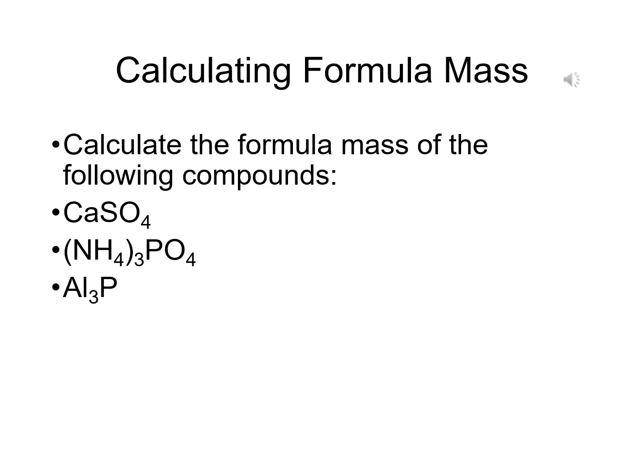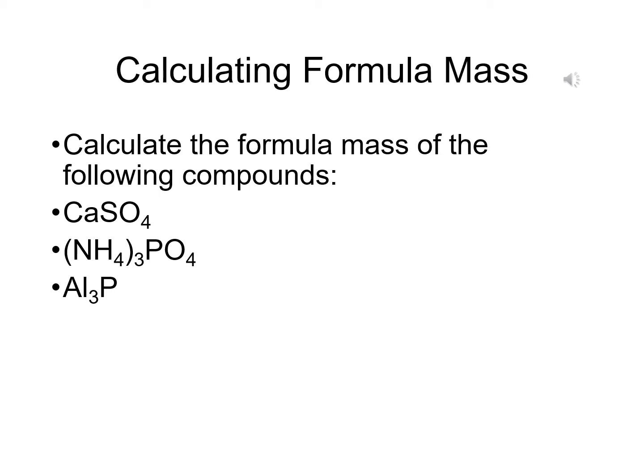Now we're going to take a look at practicing calculating formula mass. So remember that formula mass is expressed in units of AMUs, and we look at the average atomic mass on the periodic table, and we add that up for each element in a compound. Now, if the element is present in more than one atom, we have to multiply the atomic mass by the number of atoms of that element in the compound.